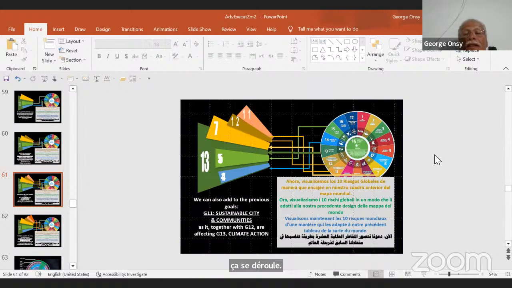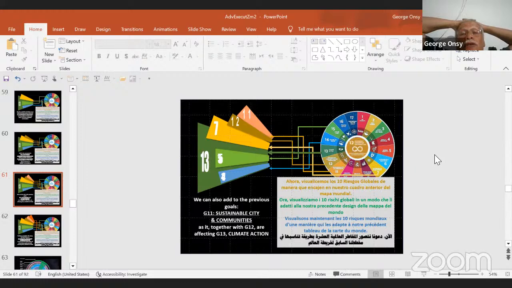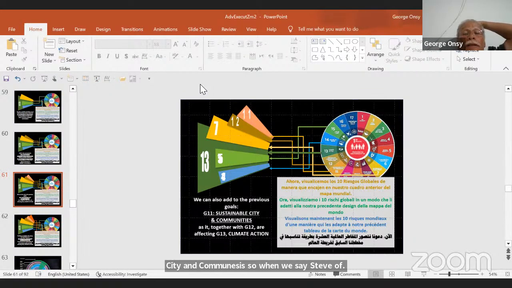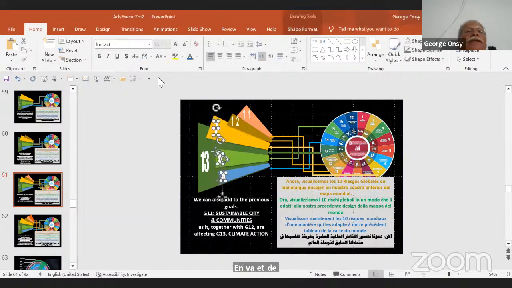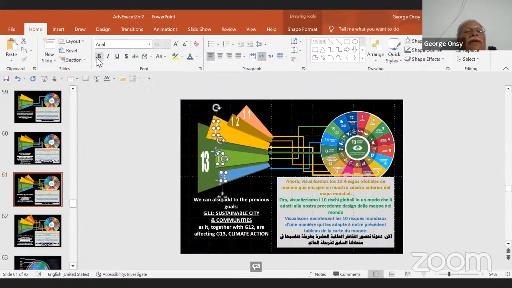When we say sustainable cities and communities, from the point of view of urban design, infrastructure and all that, of course it will be related to consumption and production, and consequently to the use and consumption of power and energy. So that's why they are all related, as you see.